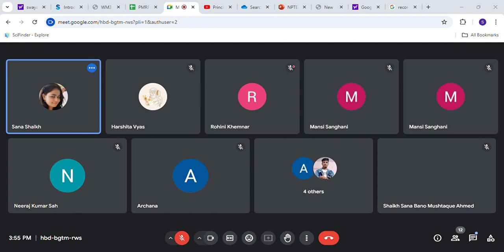arrow pushing mechanism is very important for all of you. If you learn how to do arrow pushing, you can solve any mechanism in a correct way. Okay. So always the electron rich species will show the arrow towards the electrophilic center. Here you can see oxygen has a lone pair of electrons. It is the nucleophile, so the nucleophile will always attack the electrophile. You cannot show the arrow like this, this is wrong.